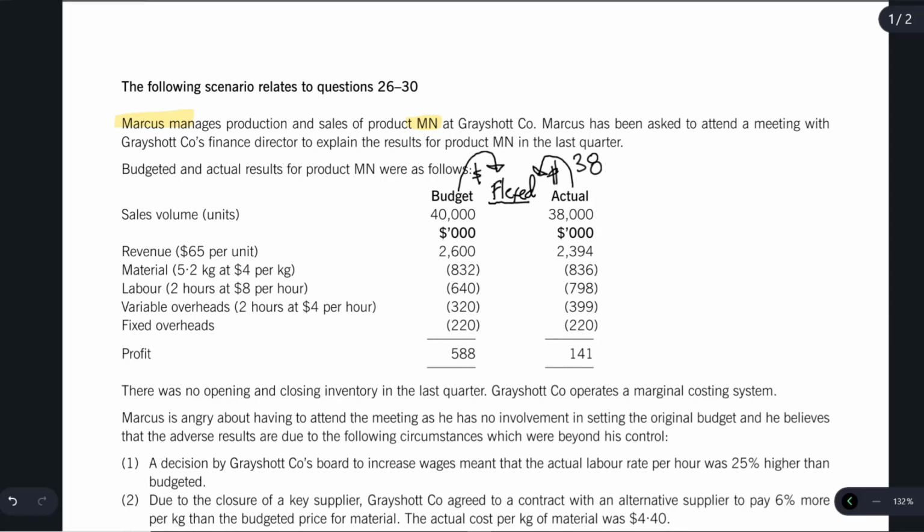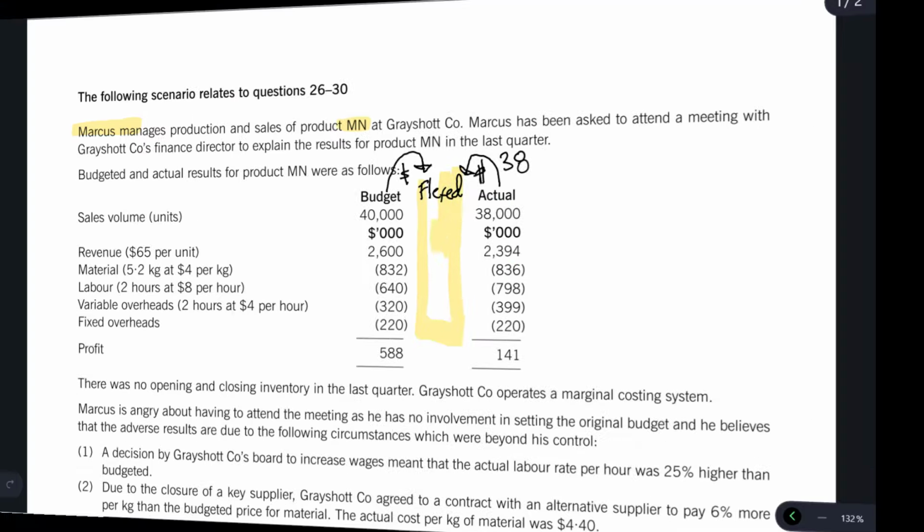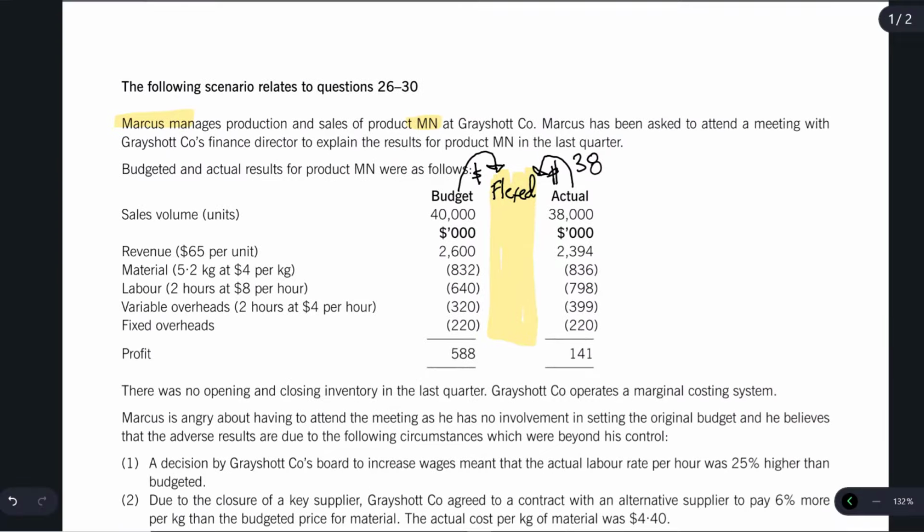And with the flexed budget, we can then answer the question, when we produce 38 units, we should get revenue of this, we should get materials of this. So team, first thing that we need to recognize with this question is that the flexed budget has not been presented.